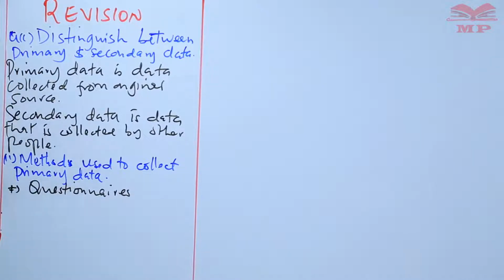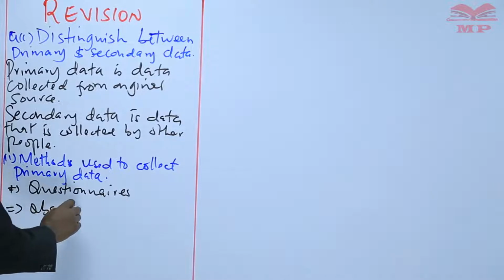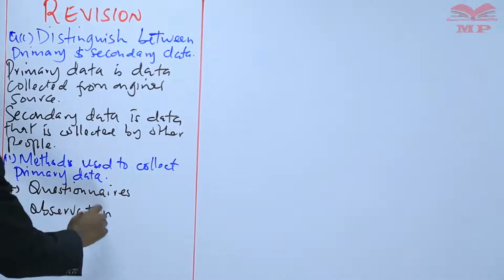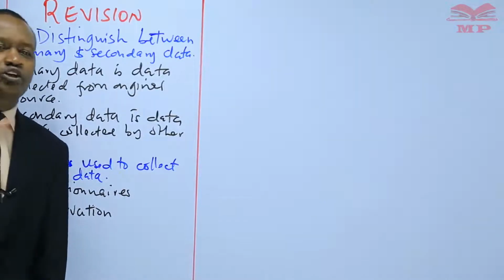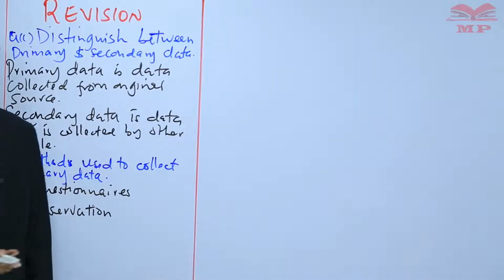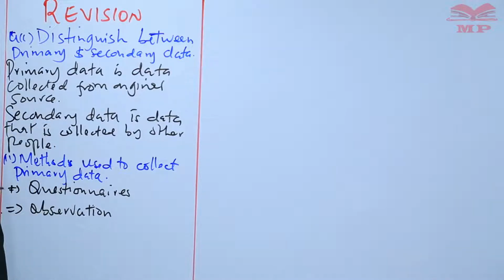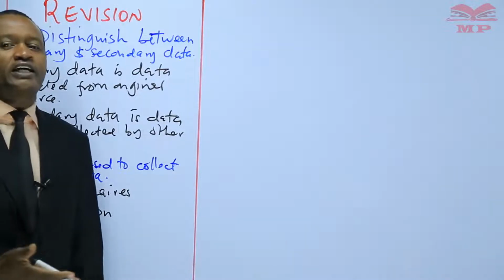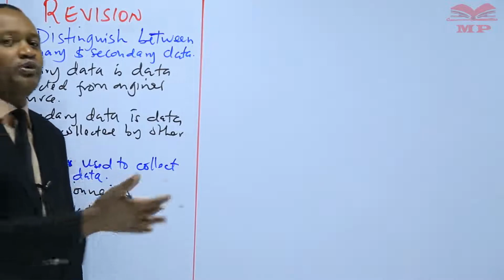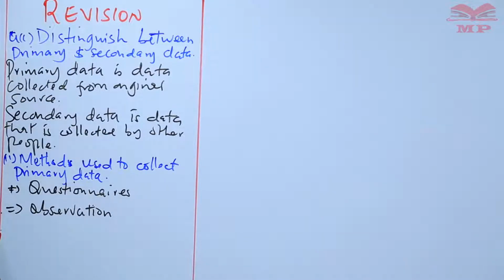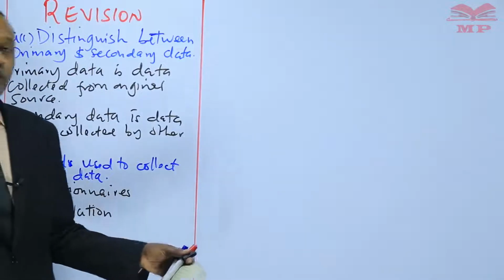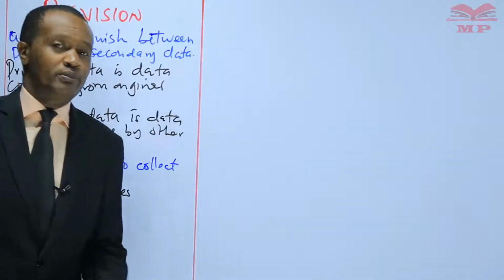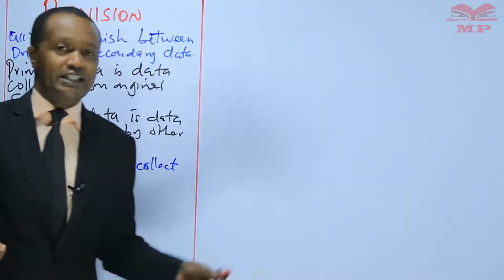Then primary data can be obtained through observation. Observation, from the word observe. In observation method, information is collected on the basis of observation and is carried out without asking the respondents. For example, I gave an example of one who would want to know how many vehicles use a certain road in a day.